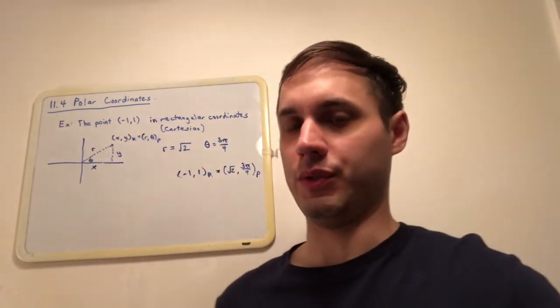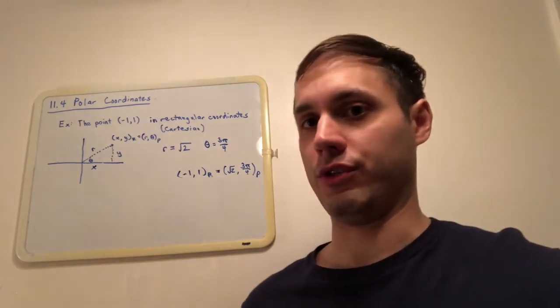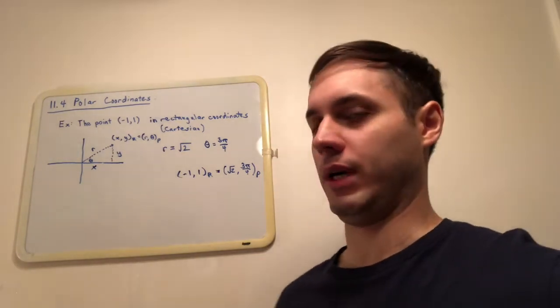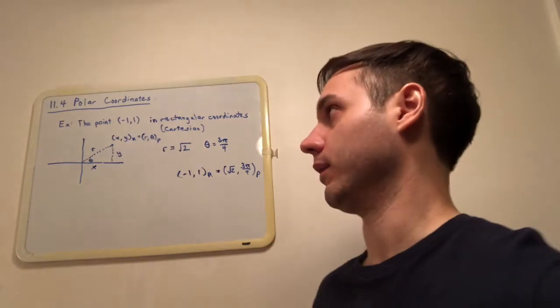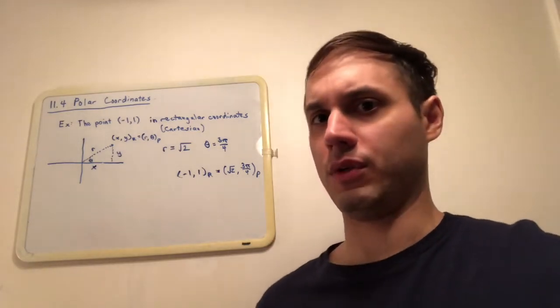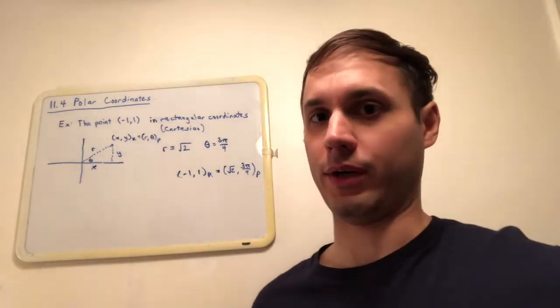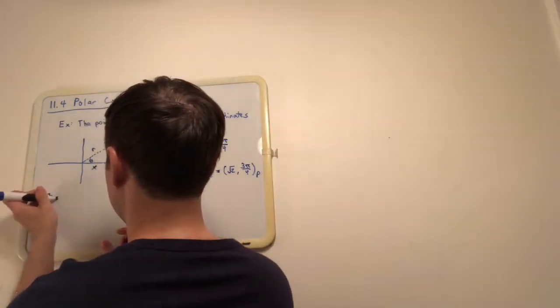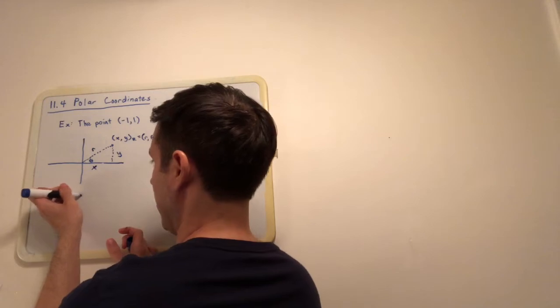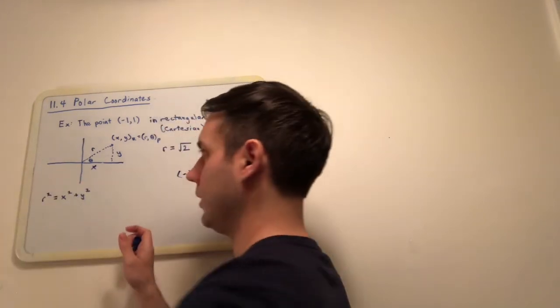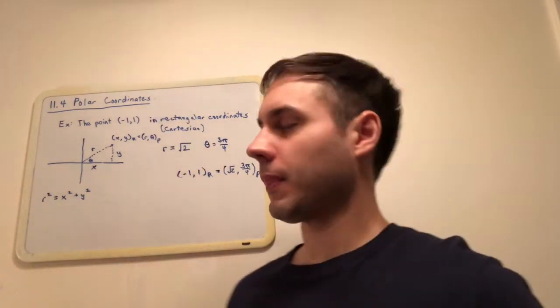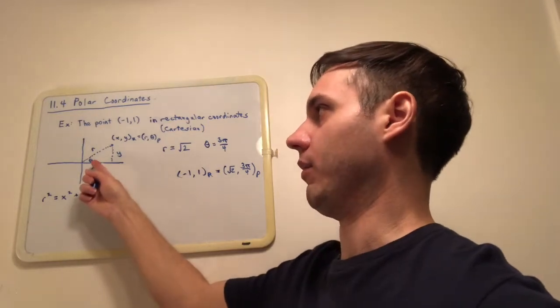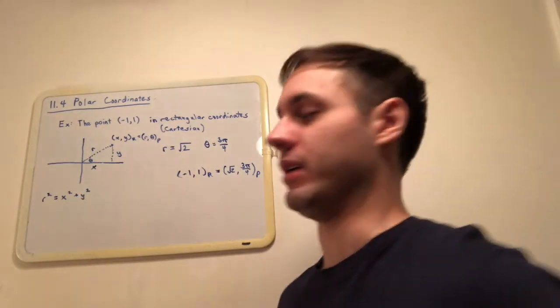So what we want to do is derive a few key relationships between x, y and r, theta from this. So the first one, the most obvious relationship, is the Pythagorean theorem. R squared equals x squared plus y squared. And if I look at the angle theta, its tangent is going to be y over x.